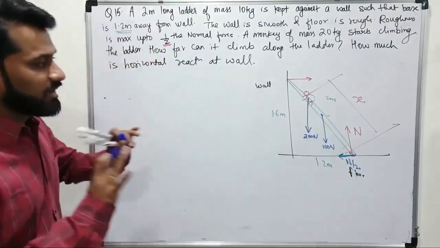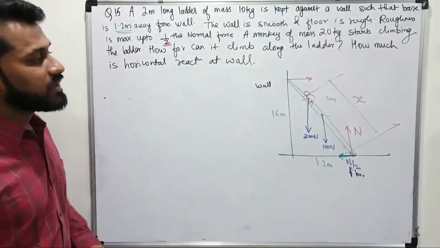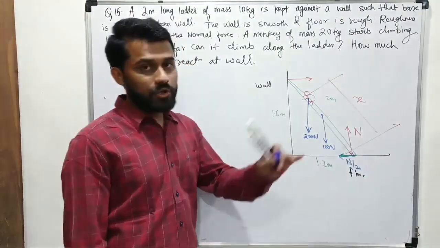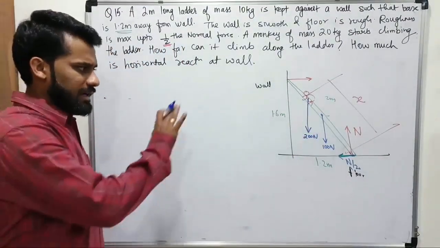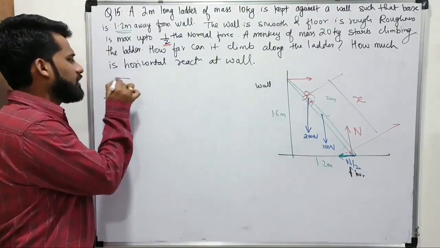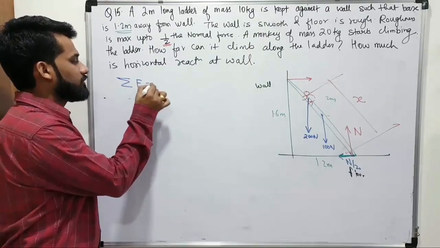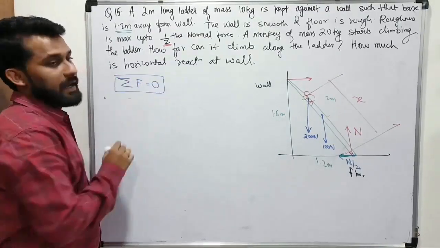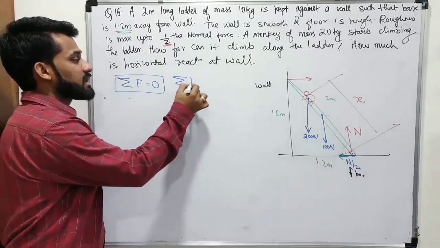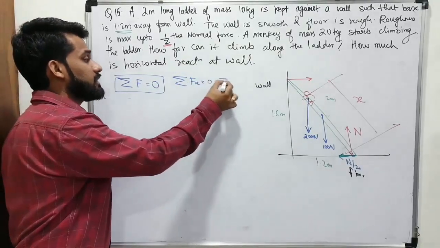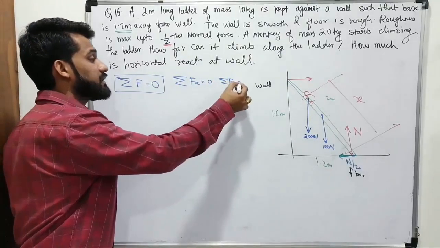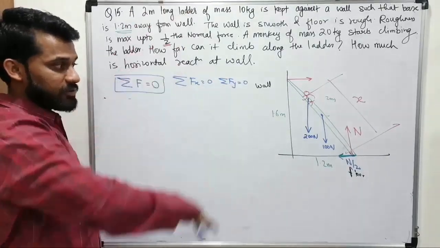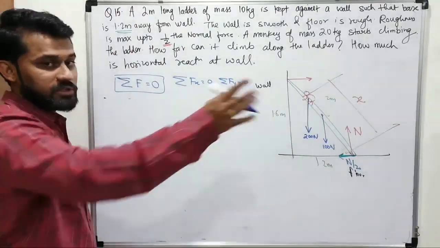So for the equilibrium case, all forces should cancel and all torque should cancel. Let us deal with forces first. The sum of all forces should be 0 for equilibrium. Therefore, the sum of all forces along x should be 0, and the sum of all forces along y should also be 0. Means vertically the forces should cancel, horizontally the forces should cancel.